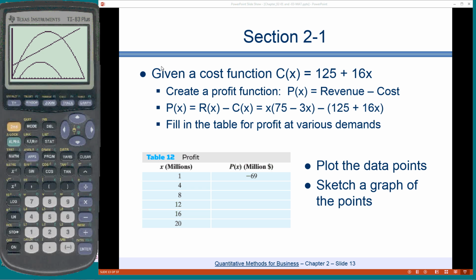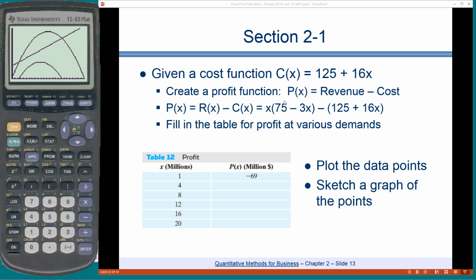Now you might be asking yourself, how do I know that this straight line is the one that's the cost? Well, look at the cost equation. It's mx plus b, 16x plus 125. That's the equation of a straight line. So whatever this equation is, when you graph it, it's got to be a straight line.